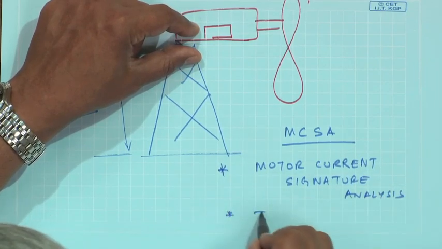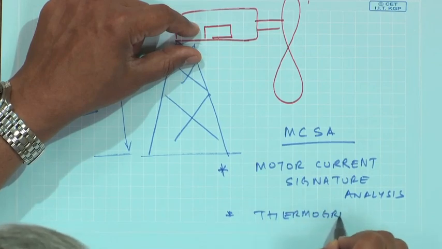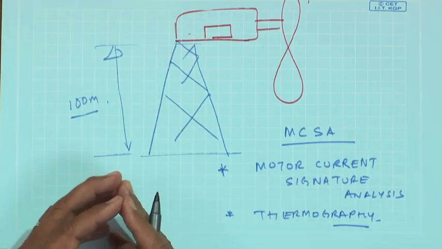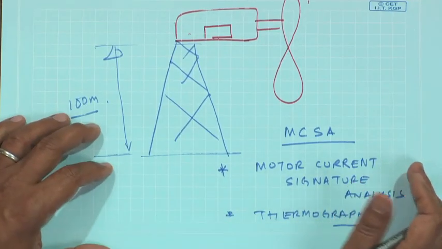Another is thermography, because eventually we will see that we are using a lot of vibration monitoring techniques for detection of faults in systems like imbalance or misalignment. But now with research being carried out throughout the world, a lot of new technologies have come up, one being motor current signature analysis, the other being thermography.